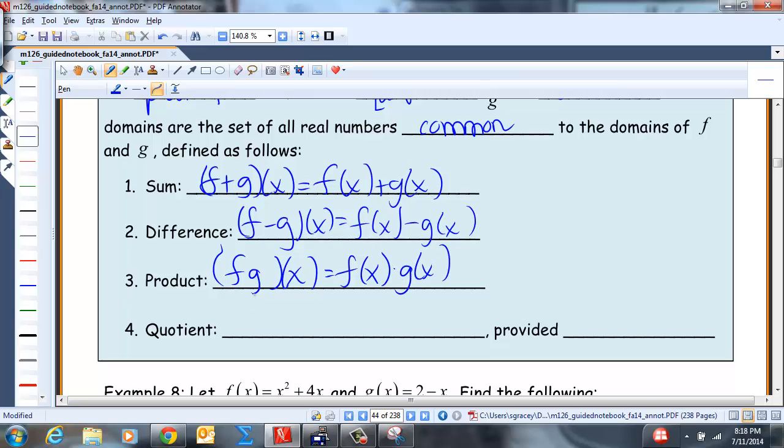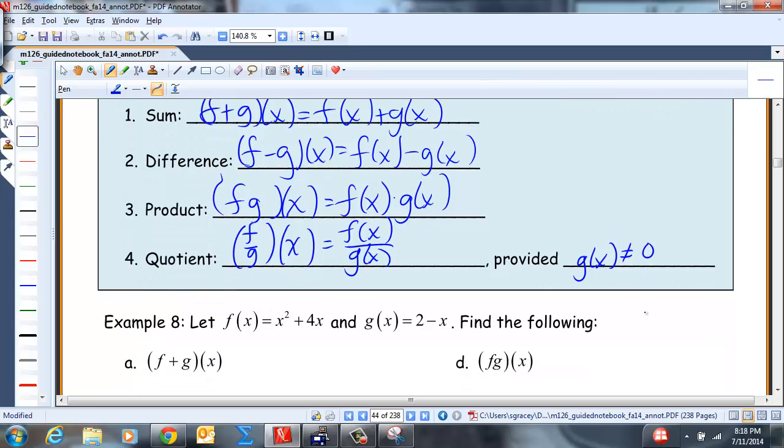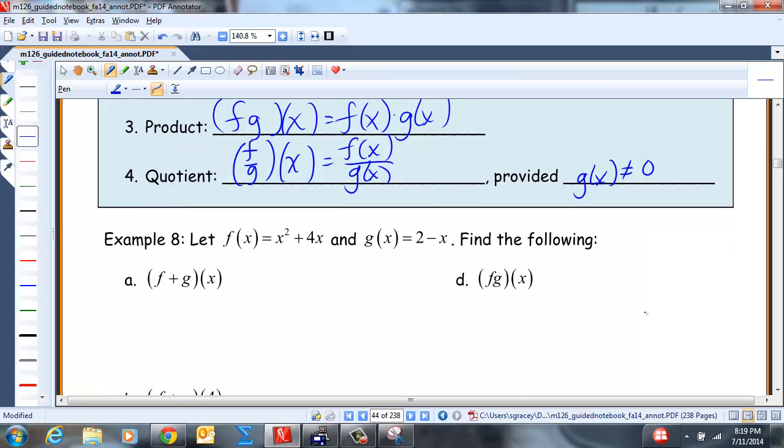And the quotient, f divided by g at x, is equal to f at x divided by g at x, provided, of course, that g at x is not equal to 0, because that will yield an undefined quantity.